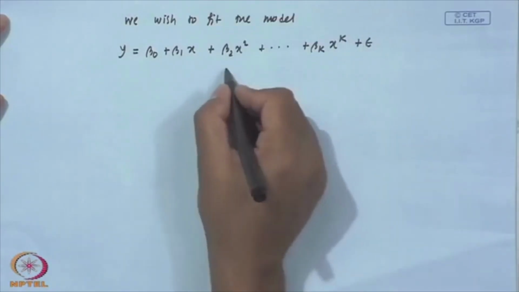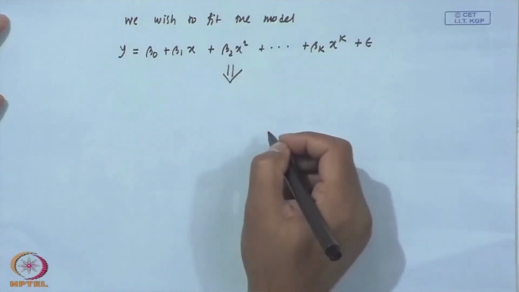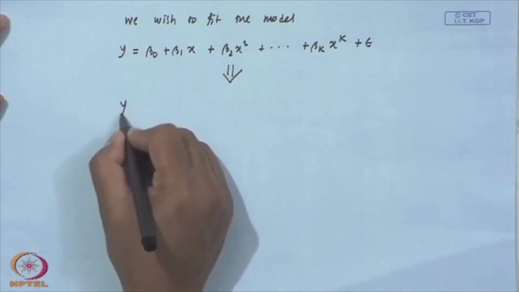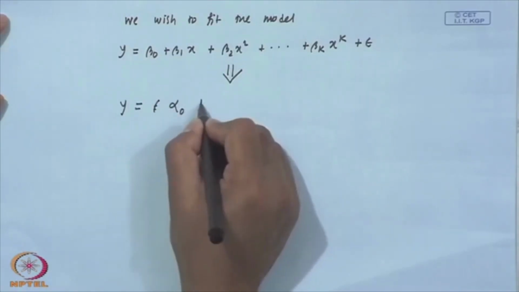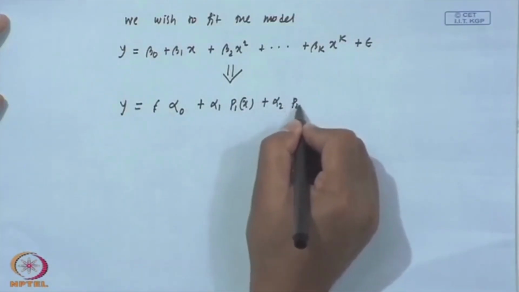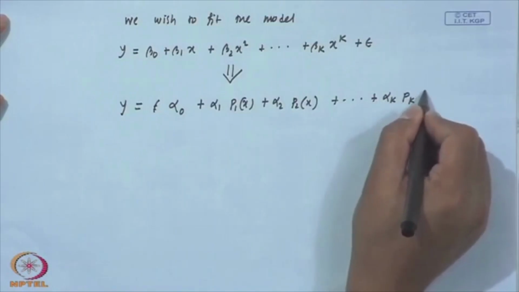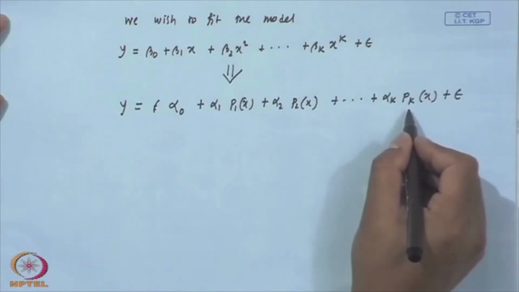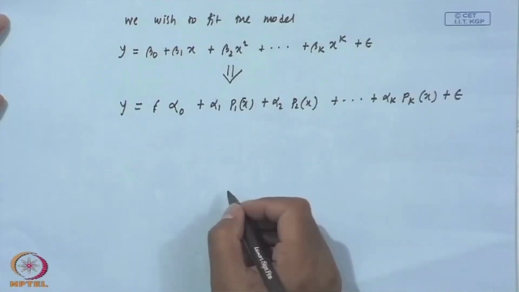And what we learned there is that instead of fitting this model, there are several advantages if we go for polynomial fitting using orthogonal polynomials. So, instead of fitting this model, we fit y equal to alpha naught plus alpha 1 p 1 x plus alpha 2 p 2 x plus ... plus alpha k p k x plus epsilon. So, p k x is the kth order orthogonal polynomial, and of course, they are all orthogonal polynomials.